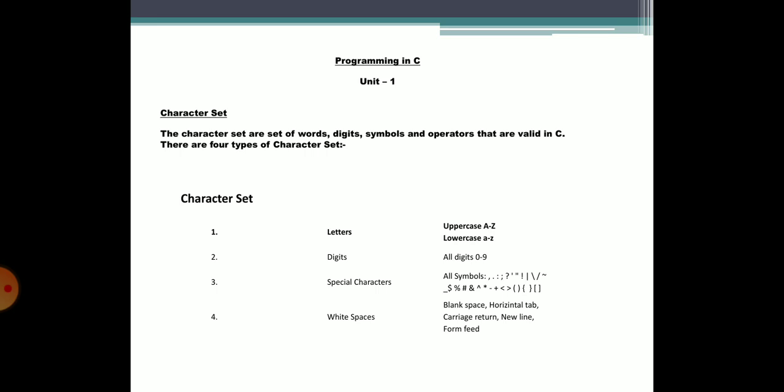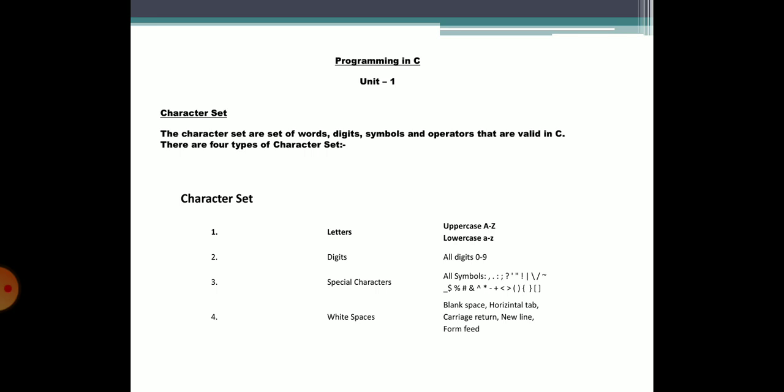C also supports a different collection of character sets. These characters can be used in our programs. So mainly there are 4 types of character set: letters, digits, special characters, and white spaces.